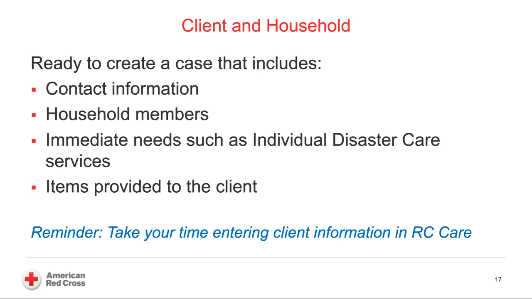And the RC Care system will guide you through the application as you enter that information from the primary client. This information includes, but is not limited to, their contact information, their phone number, their email address, and we also can take alternate contact information.